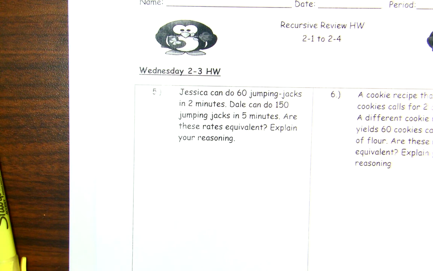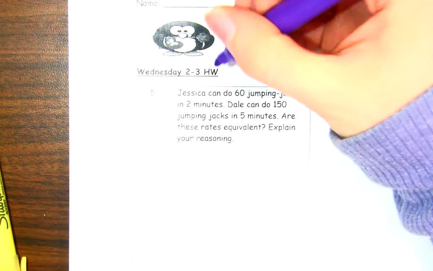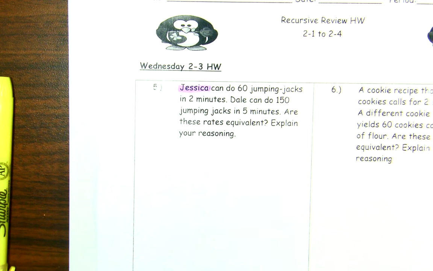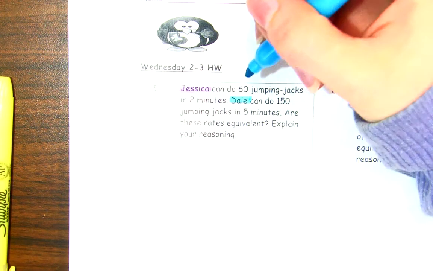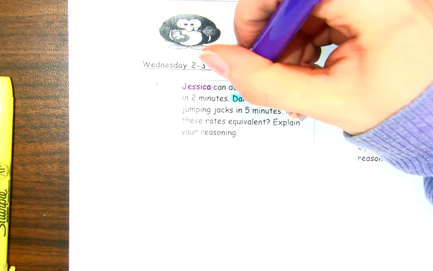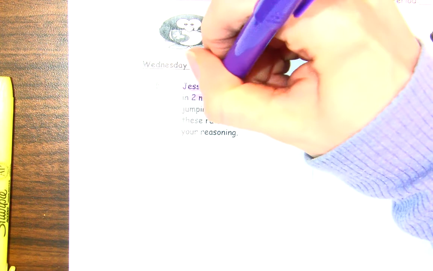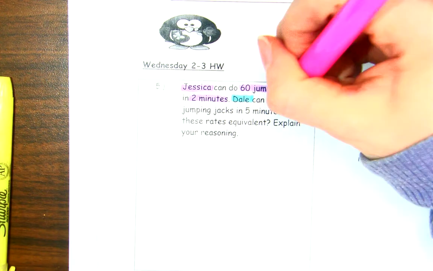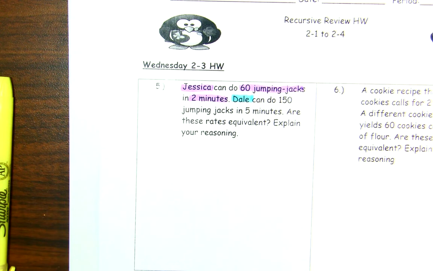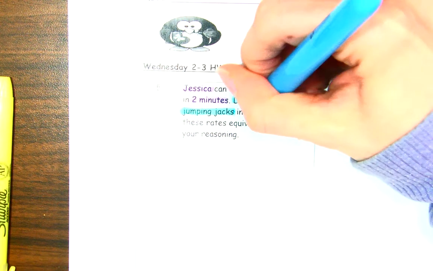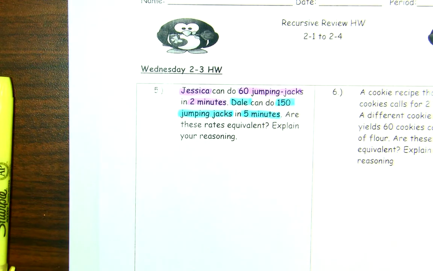All right, so here I see that I'm comparing Jessica to Dell, and I can also see that Jessica does 60 jumping jacks in 2 minutes, and Dell does 150 jumping jacks in 5 minutes. And I want to know if these rates are equivalent.